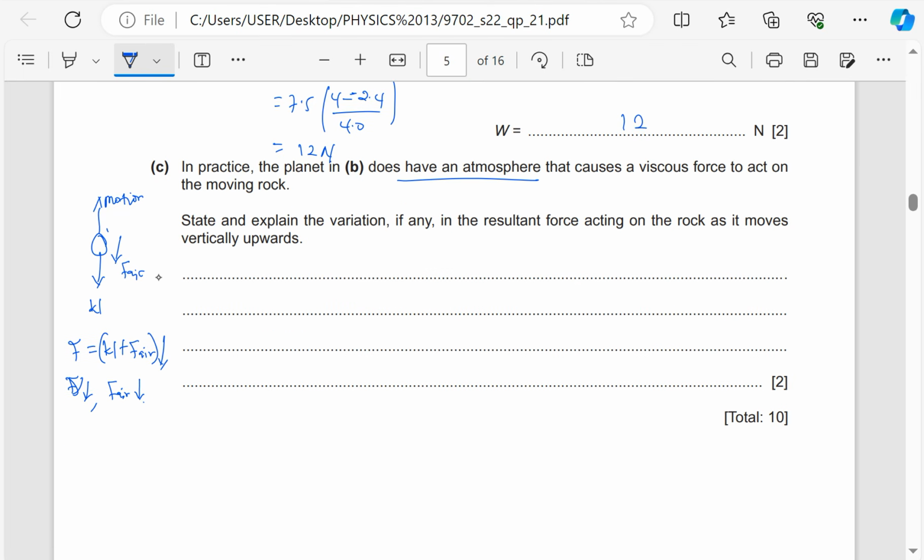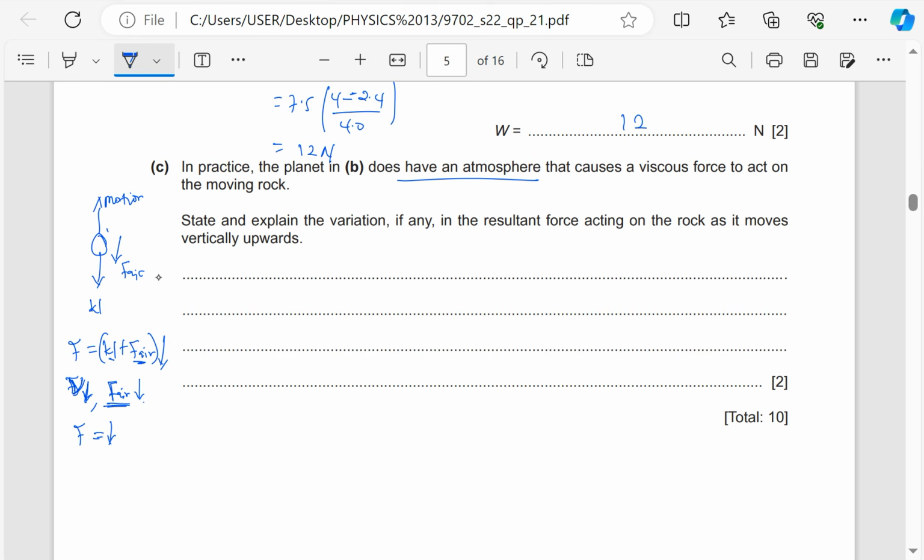Remember, the resultant force is the weight plus the force due to air resistance. As it moves upwards against gravity, it slows down. And remember, the viscous drag depends on the speed. So this decreases, which means the resultant force is also going to be a smaller value. The resultant force F, which is in the opposite direction to motion, is going to decrease.